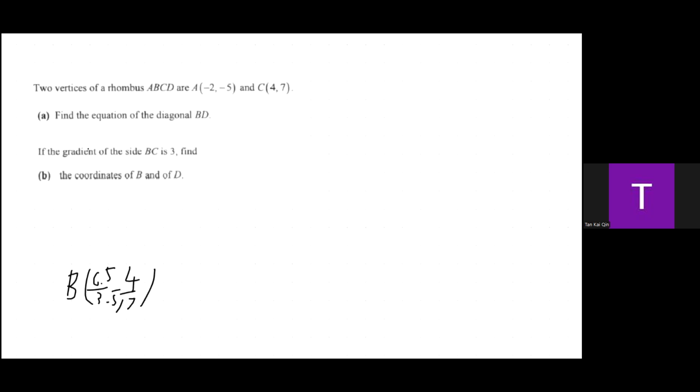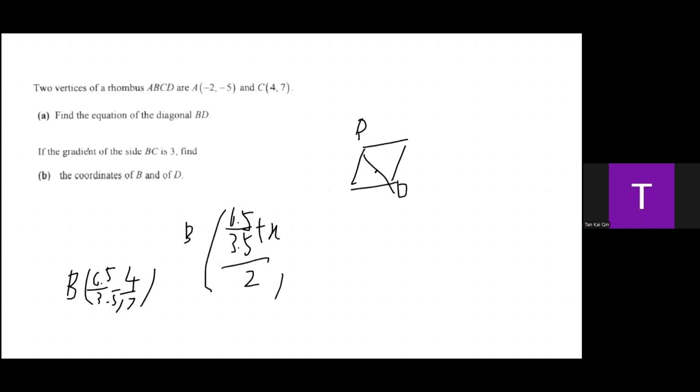Since B and D are on the same line and they have a midpoint, and since we know the coordinates of B and the midpoint of BD, we can now find D by using the same formula as we used to find the midpoint of AC. 6.5 over 3.5 plus x, where x is the x coordinate of D, divided by 2, and 4 over 7 plus y, y being the y coordinate of D, divided by 2, equals 1 and 1.